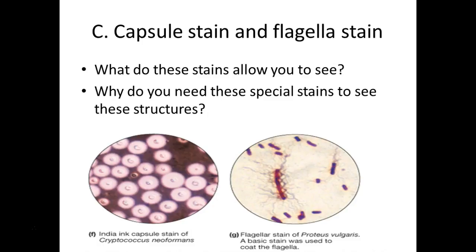Guys, you still know what I'm talking about, right? What mascara does. Makes the eyelashes look longer and thicker by applying black goo to them, basically. By doing that, that makes them thick enough that you can actually see them with the light microscope.